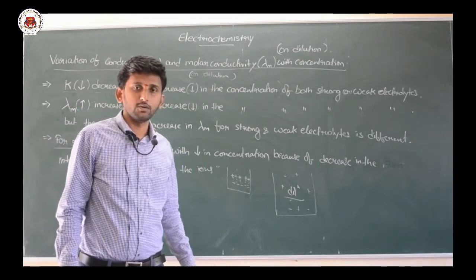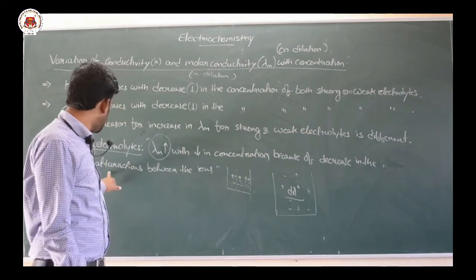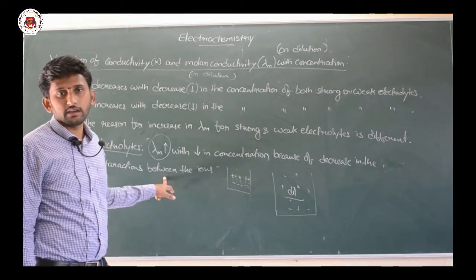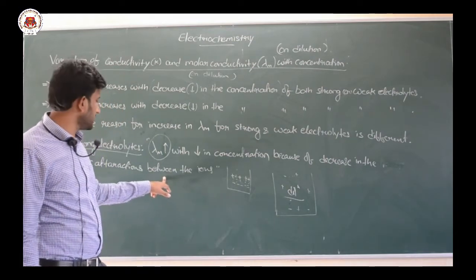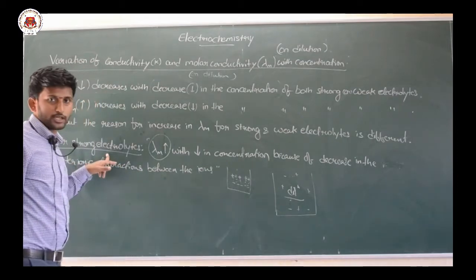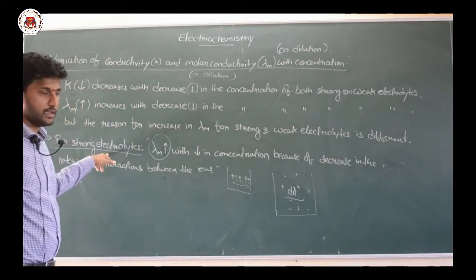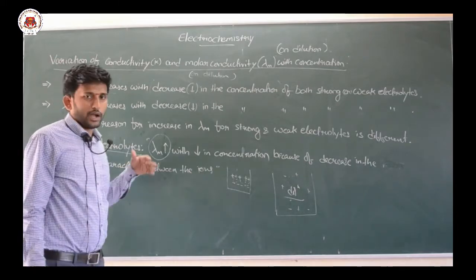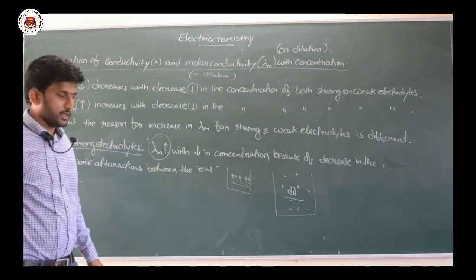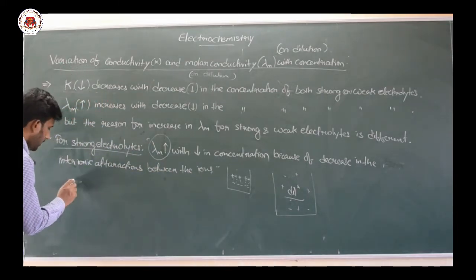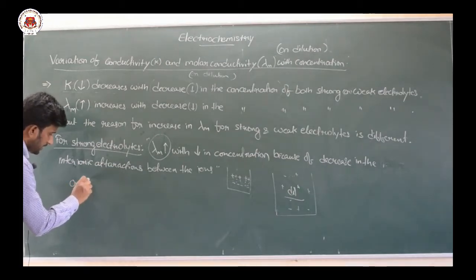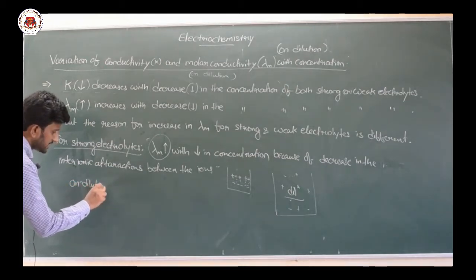Why? Due to decrease in the attraction between the ions. That is a reason for strong electrolytes. Okay? And up to what extent is this? See, as we are saying, on dilution this is happening.